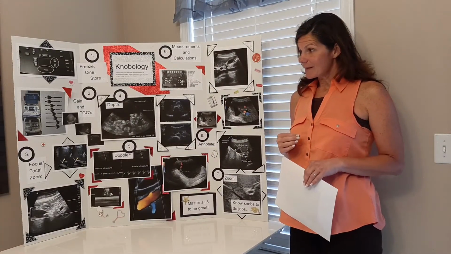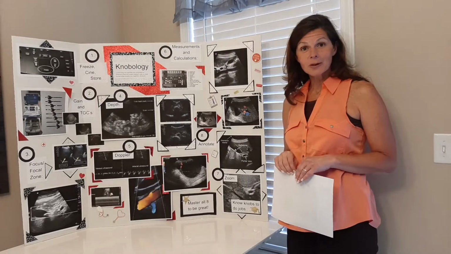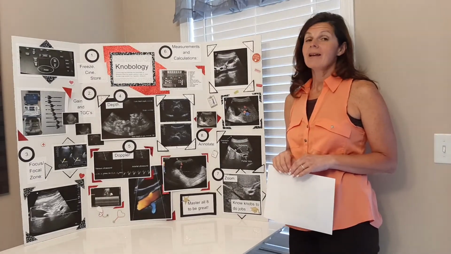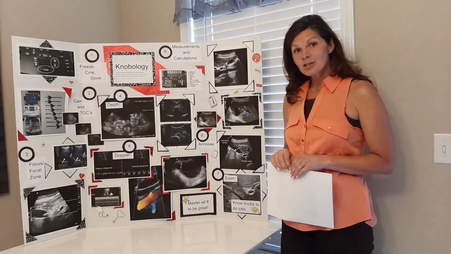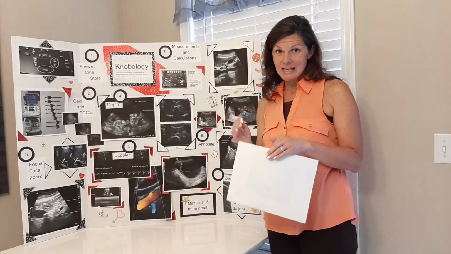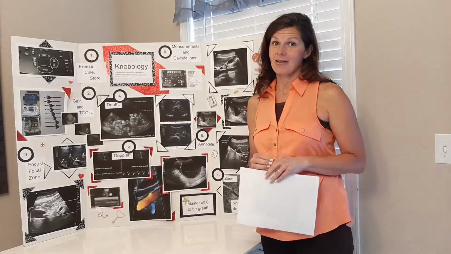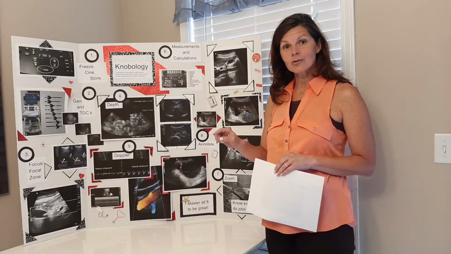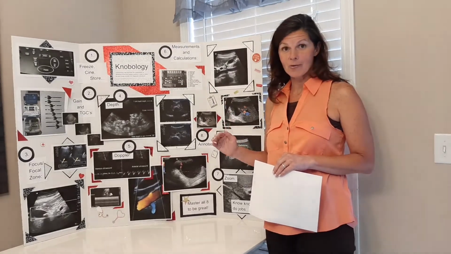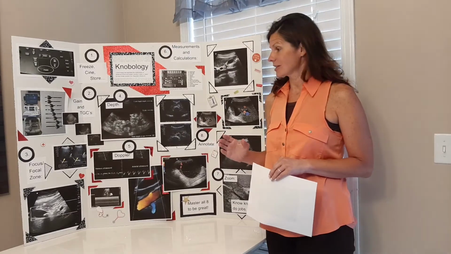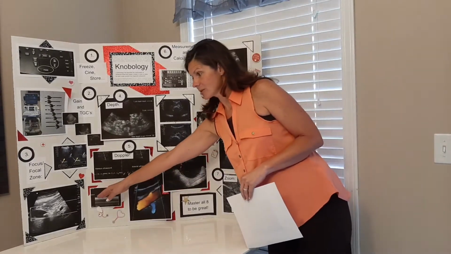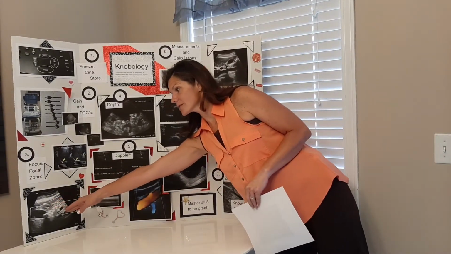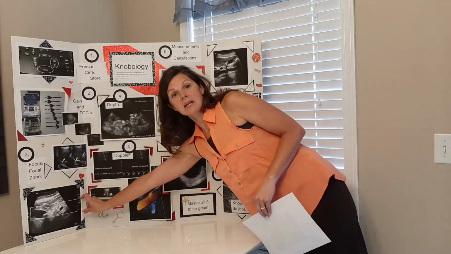The next button that we're coming to is the focus or the focal zone button. You always want to draw the radiologist's attention to the area of interest. And you can do that by toggling your focal zone or your focus arrow right to the area of interest. In this particular image, we have a gallbladder with a gallstone, and we've placed not just one focal area, but two.